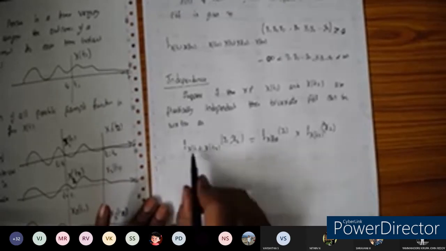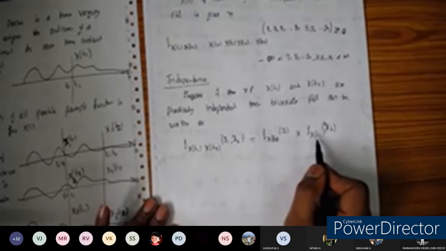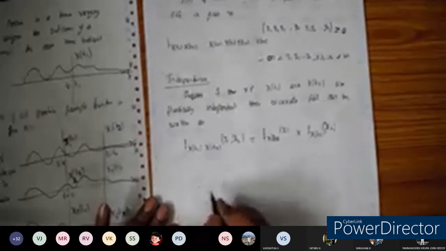So fine, fX(t1, x1) and fX(t2, x2). This we can write for the two random processes. Similarly, we can extend the concept to the multivariate random process.